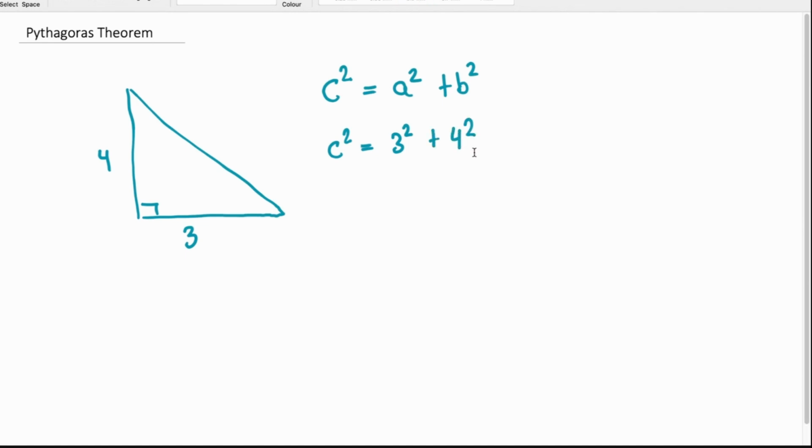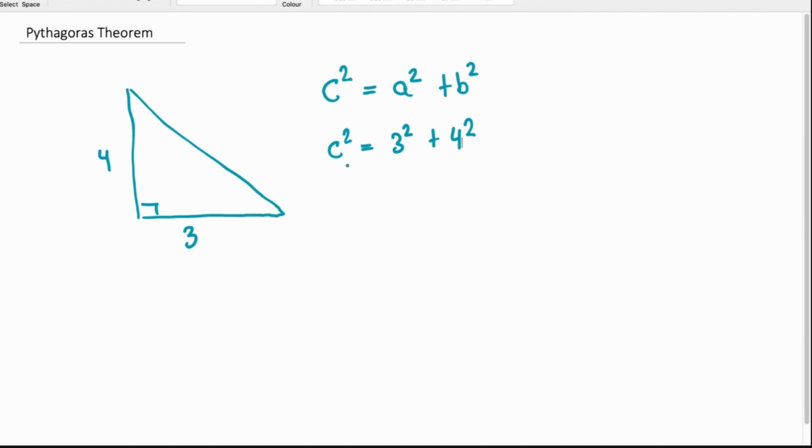Now that we've filled in the values, let's try to isolate this c by itself. We can see we've got this squared attached over here, and I don't want that. I want to move that to the other side somehow. Now to move a squared over the other side, I have to do the opposite. Now what is the opposite of squaring something?